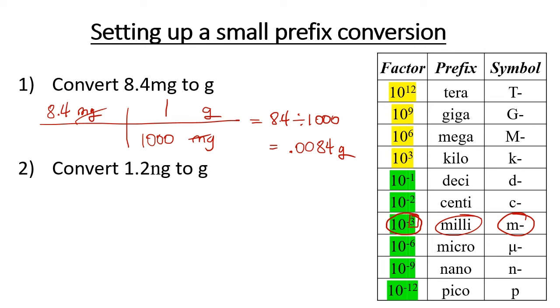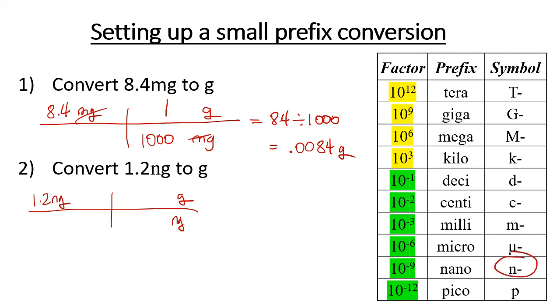Let's go ahead and try this again. We'll set up the same kind of thing. 1.2 nanograms. I'm going to change nanograms to grams, and I'm going to find lowercase n on my prefix chart here on the right. We can see that lowercase n means nano, and it's 10 to the negative 9. So we can see that the negative exponent makes this nanogram smaller than gram. Big homie then would be the gram.